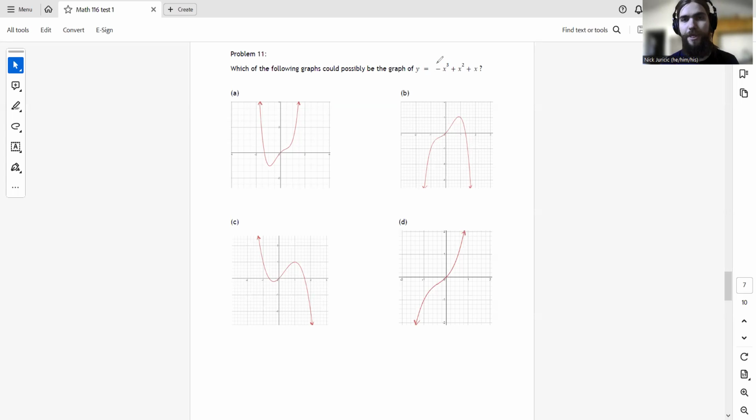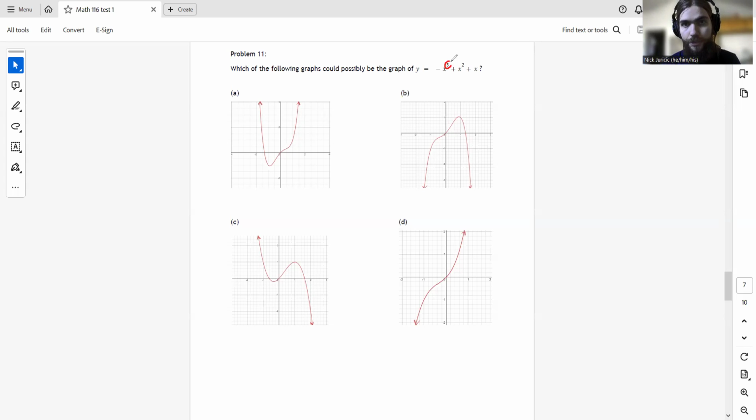This being a minus sign tells us that it opens either up or down in a certain way. Or this x cubed, the degree being 3, tells us that it's not going to be like a parabola. It's going to be more like a cactus, really. You could find parabolic looking cactuses too. Maybe I'll show you in class.